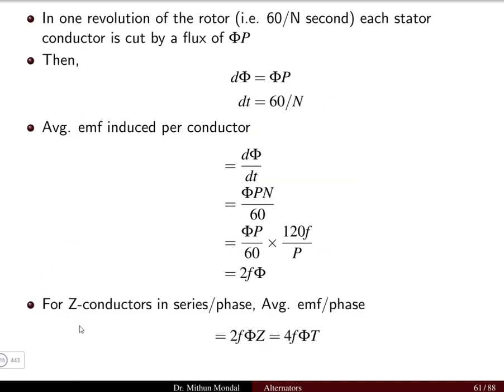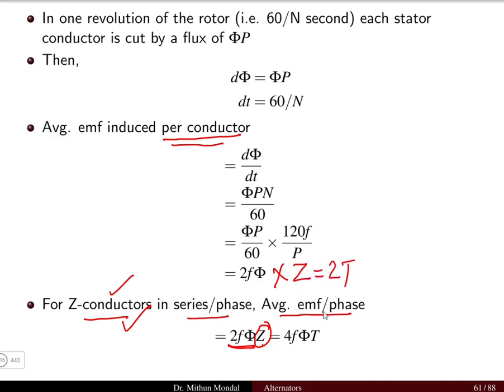Now for Z conductors in series per phase, the average EMF per phase will be 2FΦ multiplied by Z, because this derivation has been done per conductor. Since Z is equal to 2T, this gives 4FΦT.